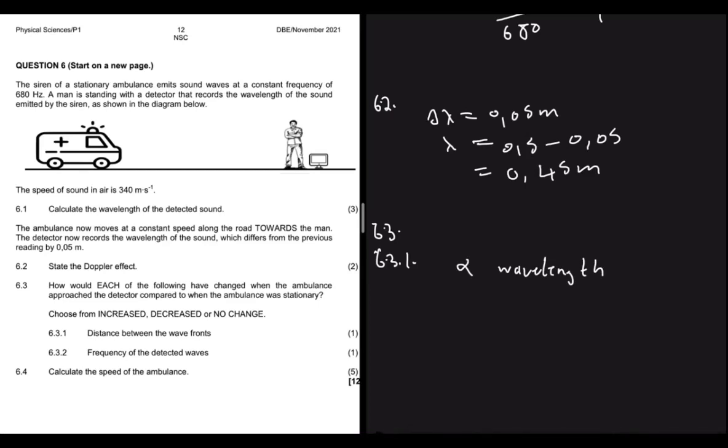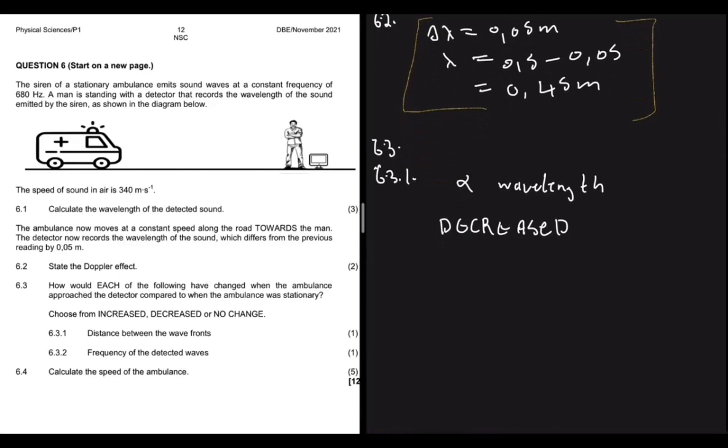And I've already shown you that the wavelength will go down when the sound source is moving towards the listener. So for 6.3.1, we'll have decreased, right? Because the options we have are increased, decreased, or no change. So we're going to have decreased because the wavelength will go down, so that means that the distance between the wavefronts decreased.